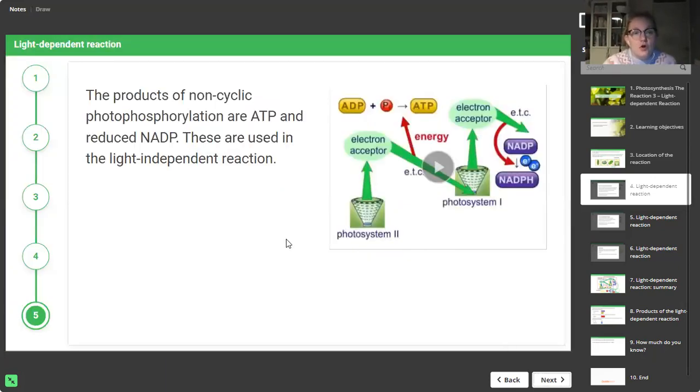So the products of non-cyclic photophosphorylation are ATP and reduced NADP, and these are used in the light-independent reaction.